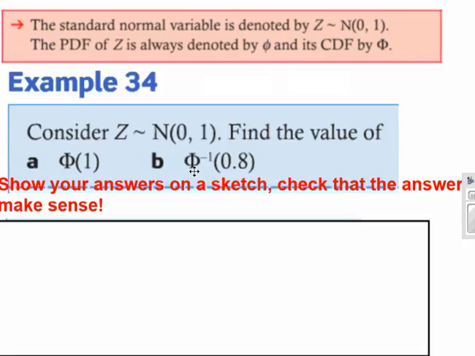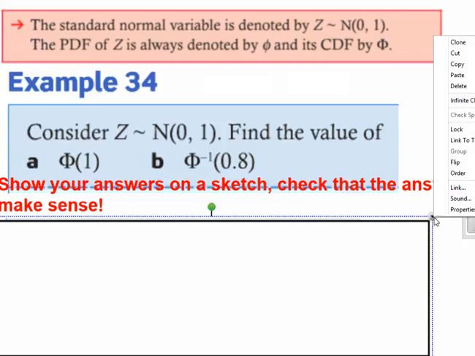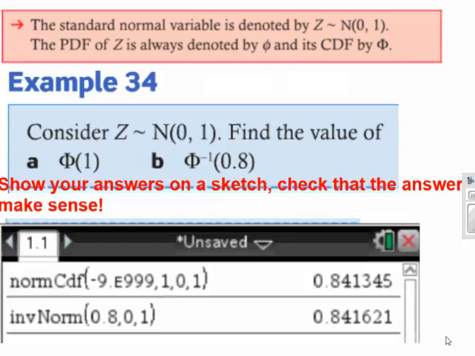So in other words, what is the value of Z such that the probability Z is less than that value is 0.8. So try that on your calculator for a moment, pause the video. There's the answers.